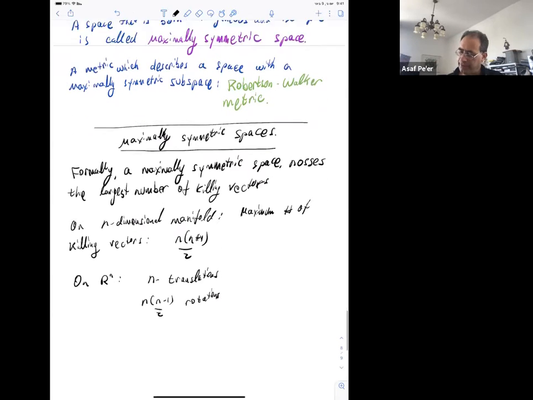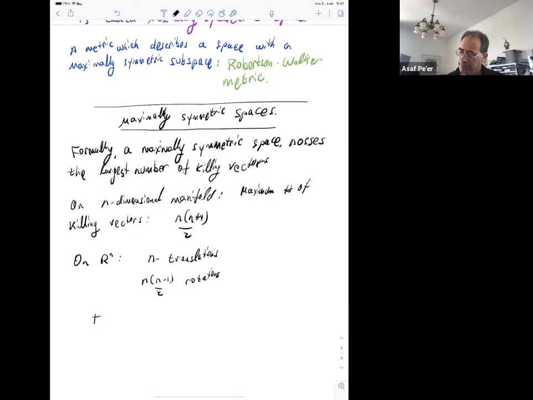So in total we have n plus n times n minus 1 over 2, which is just n times n plus 1 over 2 independent Killing vectors. And you saw that in your homework.